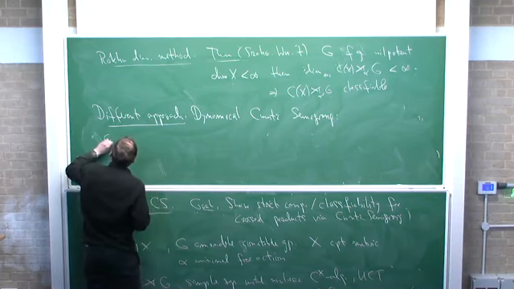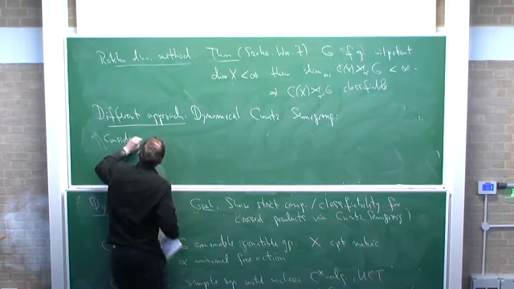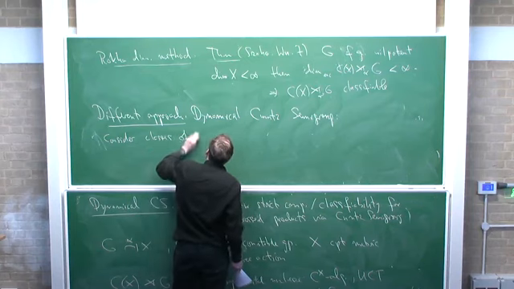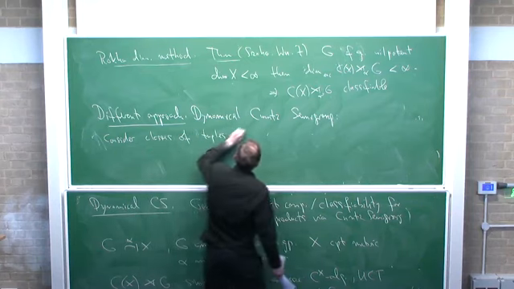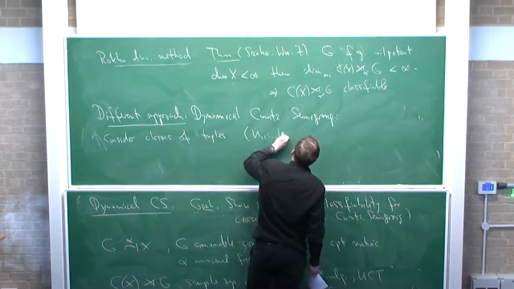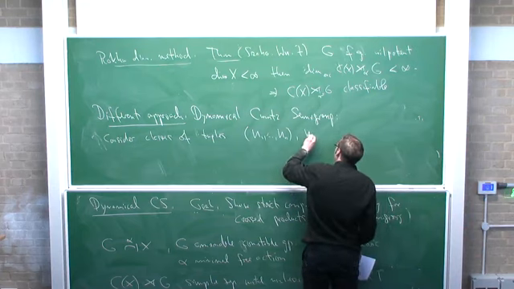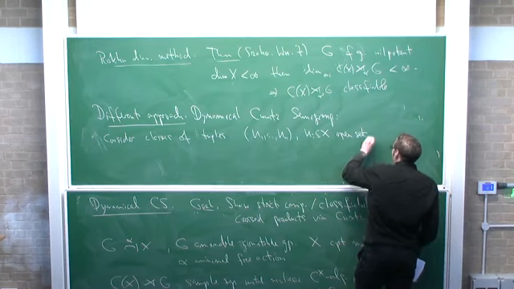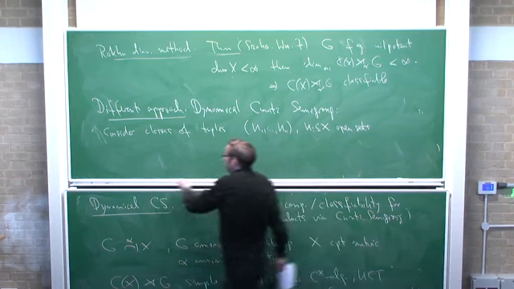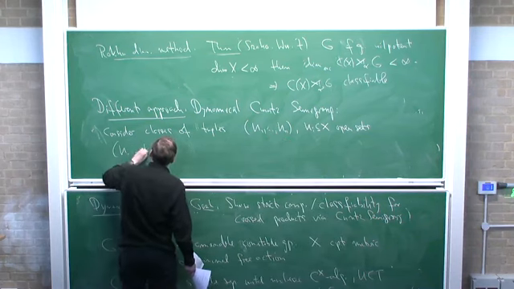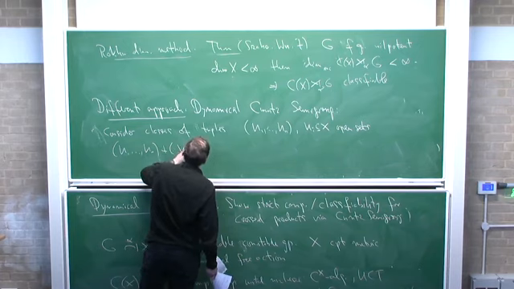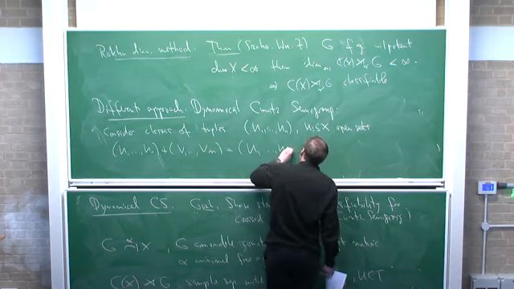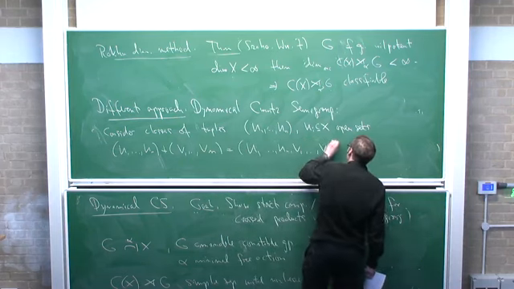Basically, consider equivalence classes of tuples U1 up to UN, where these Ui are open sets, and you have a sum operation, U1 up to UN plus V1 to Vn. It's just concatenation, U1 to UN, V1 to Vn.